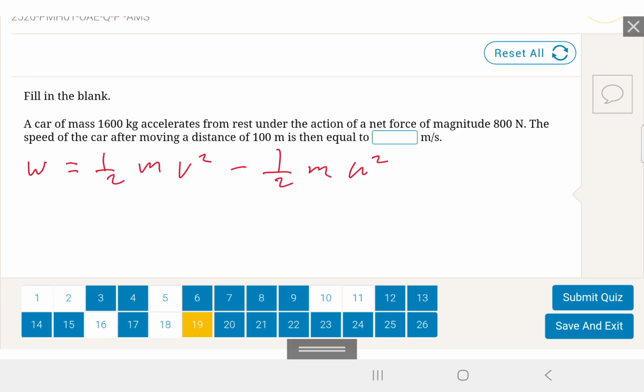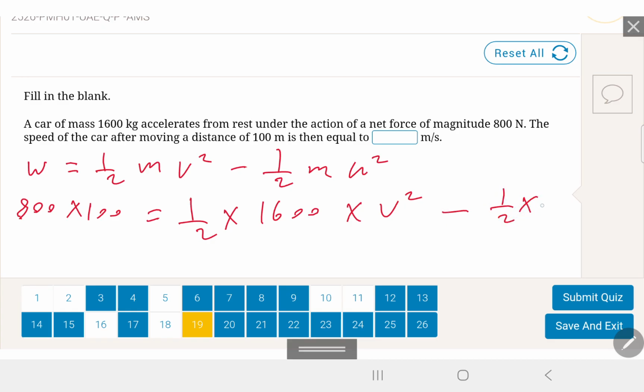Of course, work is force times distance. So 800 times 100 is equal to half times the mass, which is 1600, times velocity, our unknown, minus half times 1600 times 0, because from rest means initial velocity equal to 0.